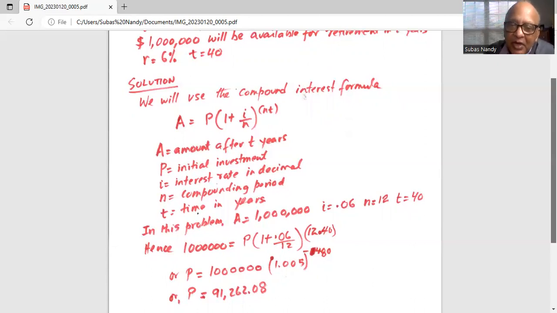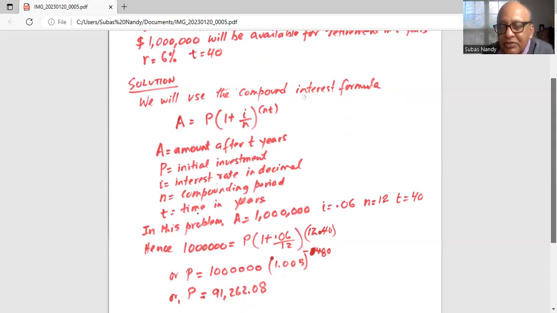Why negative? Because on the left hand side, 1 million is divided by 1.005 exponent 480.